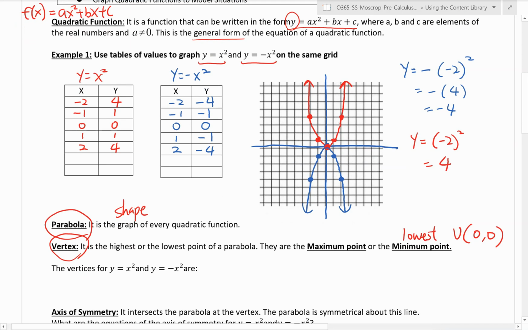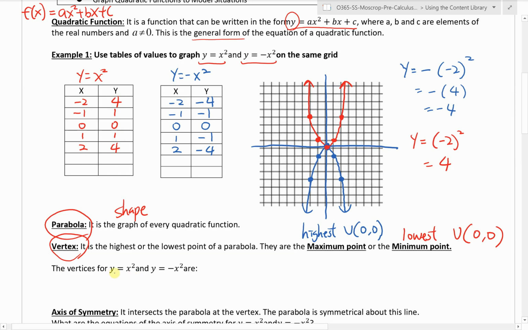For the maximum, we have a maximum for the blue graph, right? This point right here is the highest, and the coordinate of that maximum point, or vertex, of the blue graph is the same thing, (0, 0).